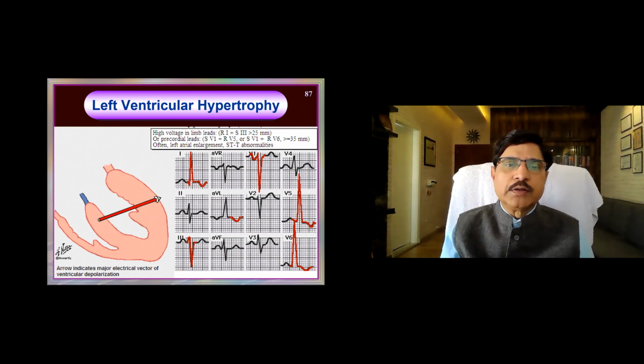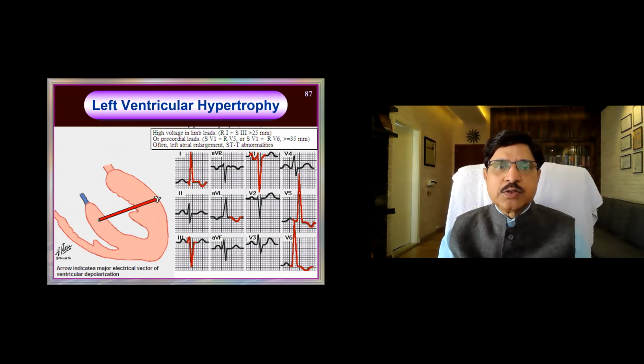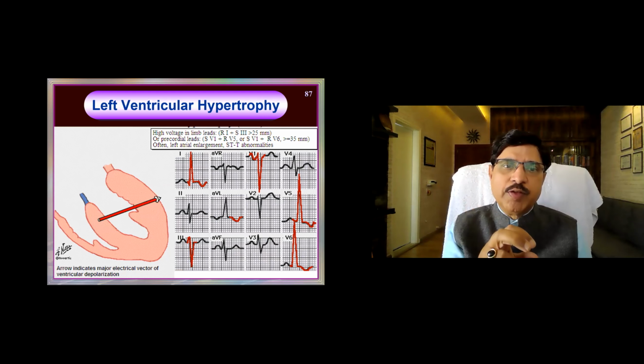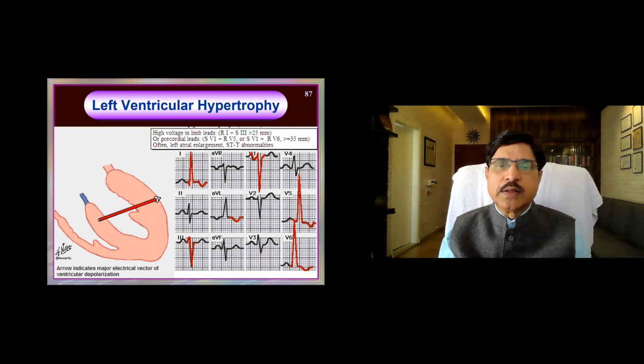Then how do you know it is normal or not? Then I have to measure. So V1S plus V5R. That is S wave in V1 plus R wave in V5 together should be more than 35. Normally it will be less than 30.